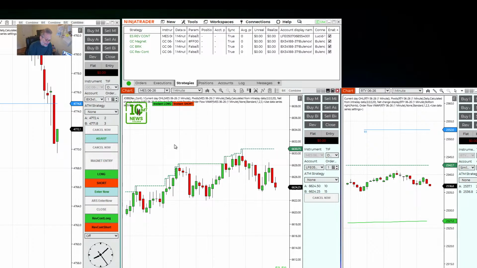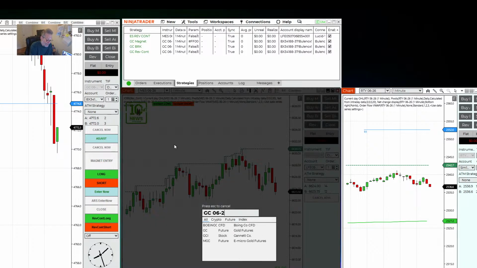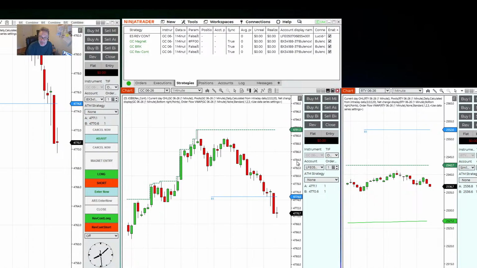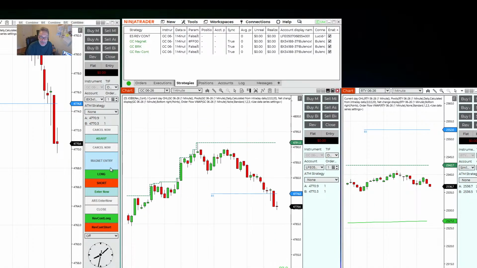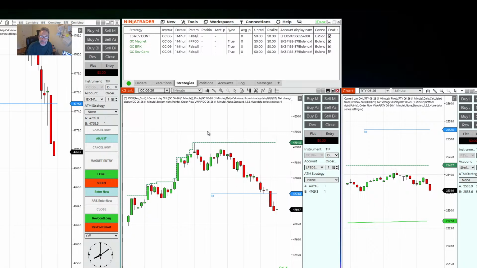I'm going to put gold on for a second and see if my gold data is the same as my Rithmic. So my data seems to be fine. My Lucid is matching my Rithmic, and my Lucid is Tradovate. At the moment, it looks fine.